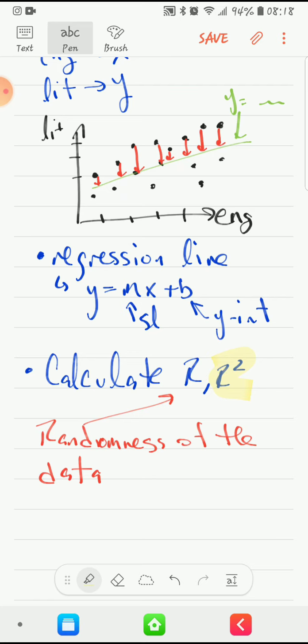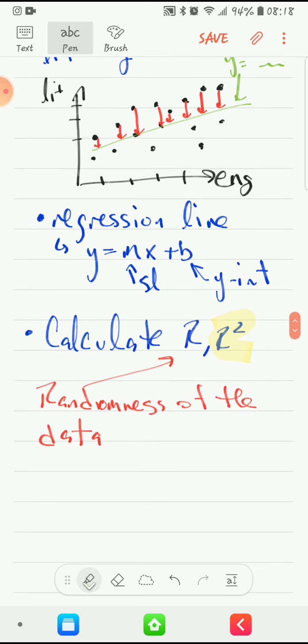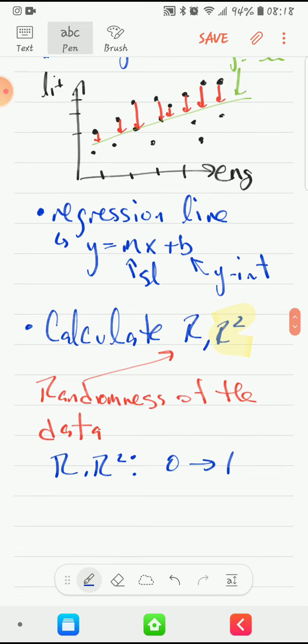And so the more randomness you have, shoot, I'm saying it backward. The bigger the r squared, the better the fit. I'm sorry, I got that backward. It is a measure of the randomness, but the bigger the r, the better your situation is, because r goes from 0 to 1. So we have r and r squared, and they move from 0 to 1, and the closer to 1, the better.